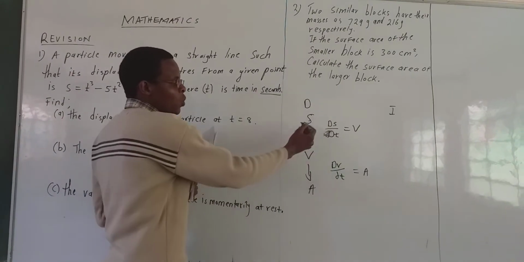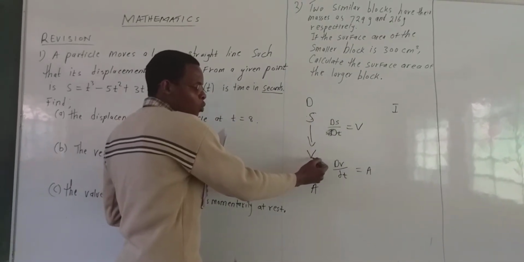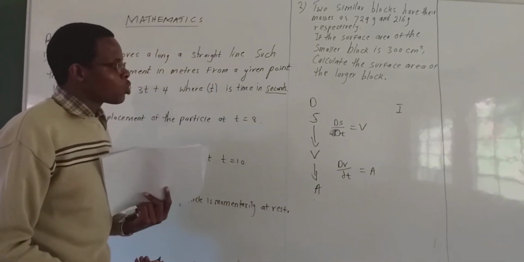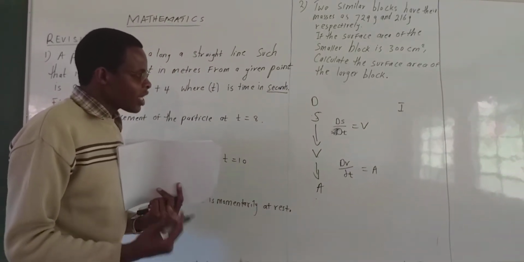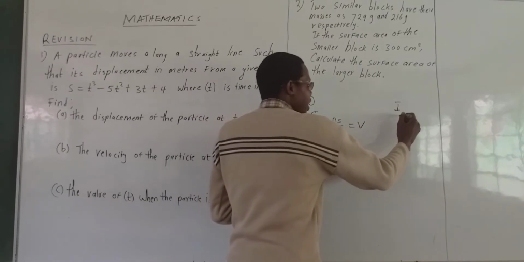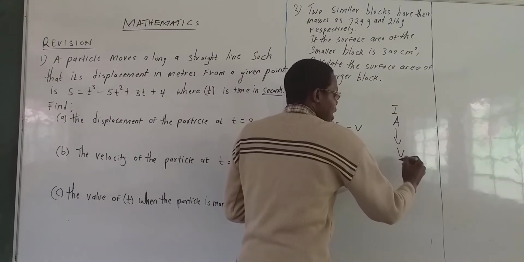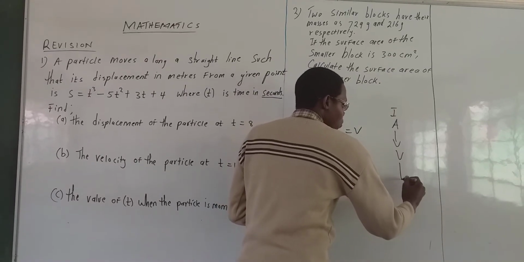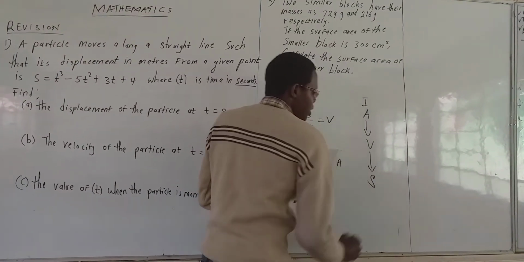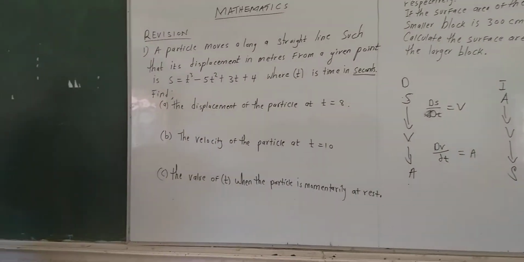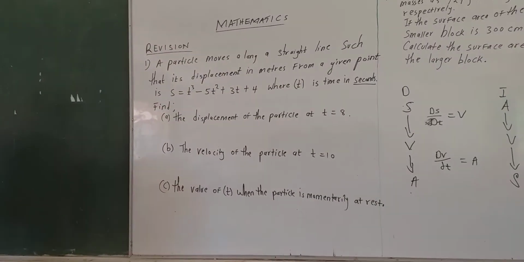In differentiation, we start with s, we come to v, then we come to a. But in integration, we start with a. If you integrate a, you find v, which stands for velocity, and if you integrate v, you find s, which stands for displacement. That is the major difference between integration and differentiation.